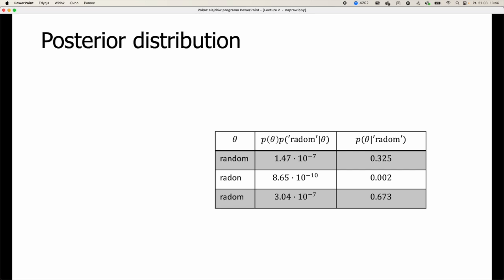And finally, while radom was not as common, 200 times less common than random, it was much more probable to be written if we actually wanted to write that. So when you normalize that using the sum of all those things, because that's this total probability, you are averaging over what word was intended, which is theta, by summing it and dividing all those individual values by this sum, you get the actual probabilities of certain things.